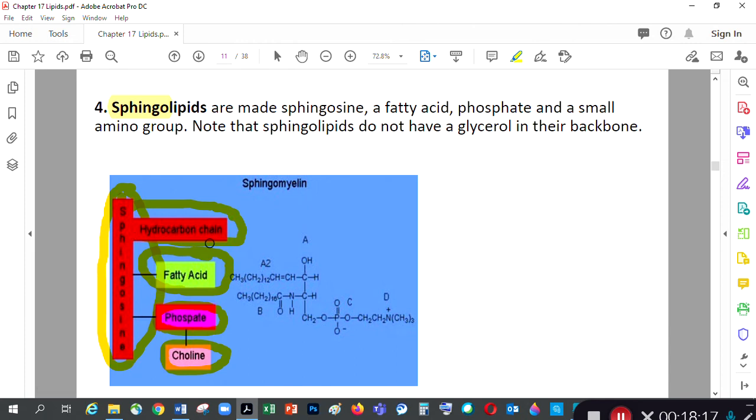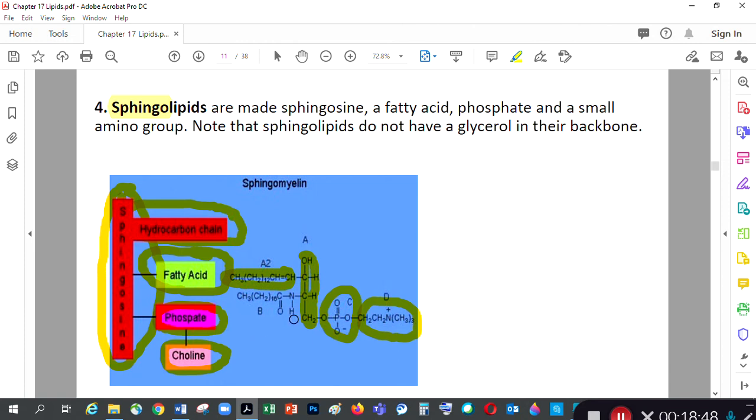Okay, and you can see the sphingosine here. This is your what? Your sphingosine. Here it is. This is your sphingosine. This is your phosphate, and this is your amino alcohol, correct? And this is your hydrocarbon, sorry. This is your hydrocarbon, correct? The long hydrocarbon.